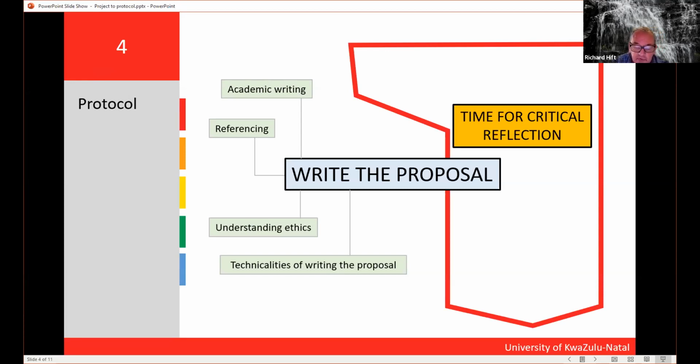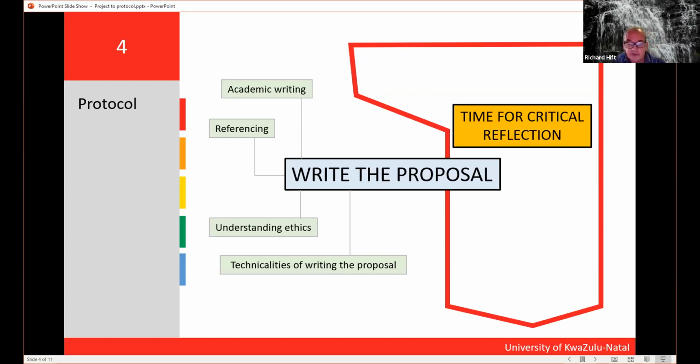But to me, one of the most important aspects of the submission of your protocol is that it is a key point in your PhD life. It's a time for critical reflection. Now is the time to make sure that the project you're embarking on is a good one, a feasible one, to make sure that you have written a really good proposal.